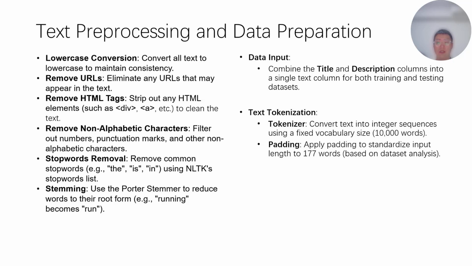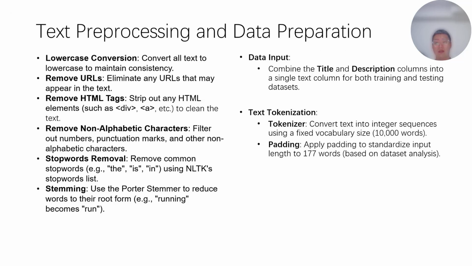To handle sequences of varying lengths, we apply padding to ensure that all text sequences have the same length of 177 words, based on the dataset's average text length. Padding helps the model process data consistently, improving efficiency.